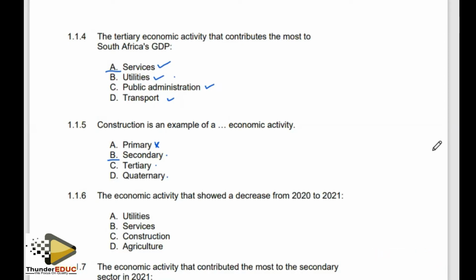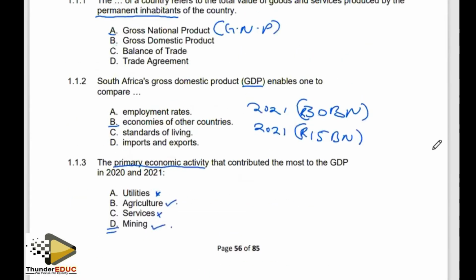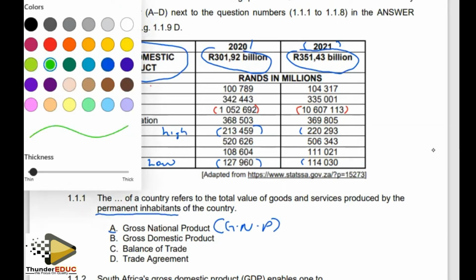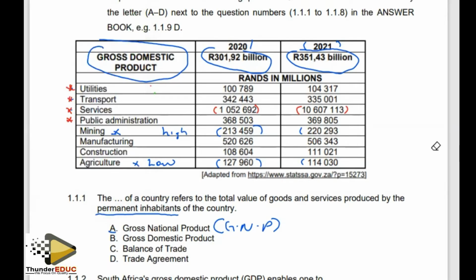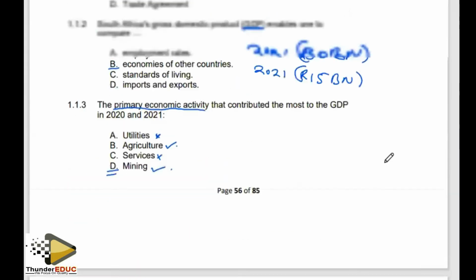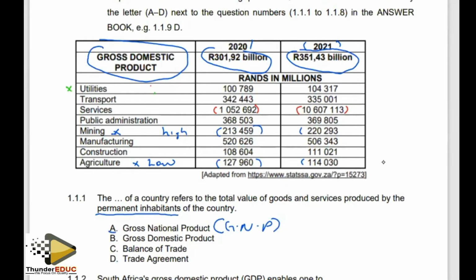So we're having utilities, services, construction, and agriculture.